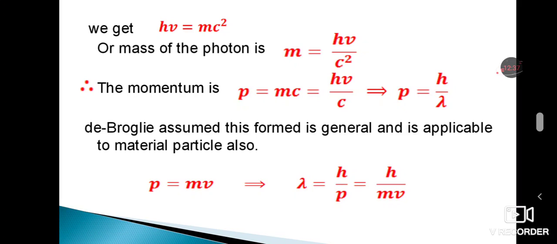Whenever we consider radiation, we write it as m into c, because for the velocity of light we write c. But for materials, whenever we consider the momentum, p is equal to m into v. Therefore our equation becomes lambda is equal to h by p, or we can write it as h divided by mv, where p is replaced by mv. This equation is called the de Broglie wavelength equation.